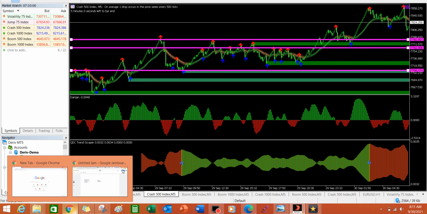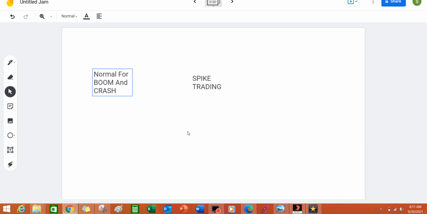Let's go straight to the jump ball so that you see what I'm trying to say. This is what I was trying to explain. Let's say we are trading crash 500, and this is our entry point, and the market is already going up. We introduced our stop loss to somewhere here, and it has gone up.